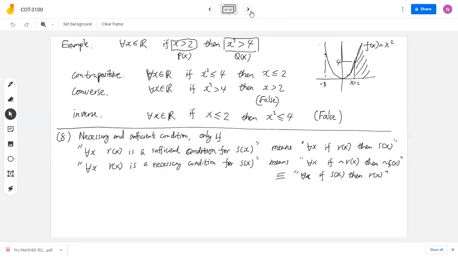Okay. And what about only if? For all x, Rx only if Sx.